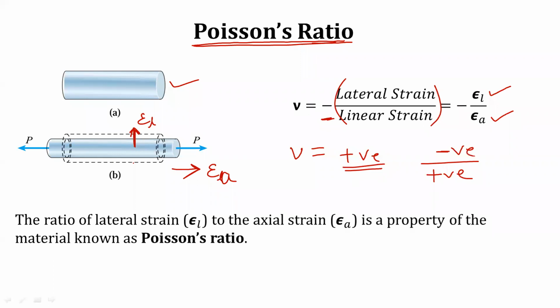By the definition, this value will become negative. To make it positive, you should always write this negative sign, so then it will become positive. Okay, so this is the technical definition.